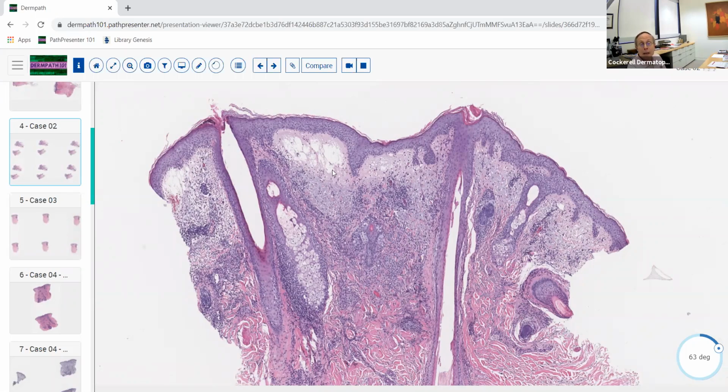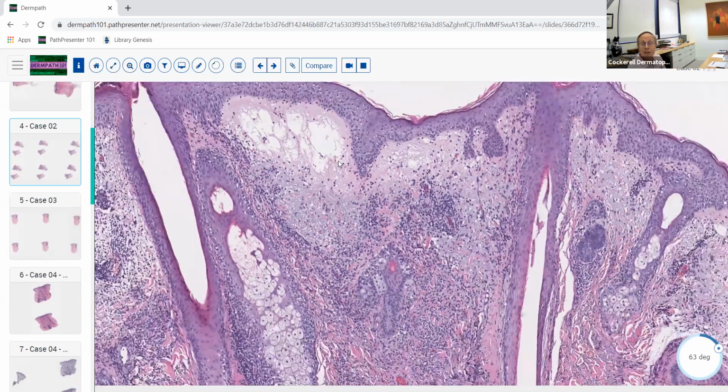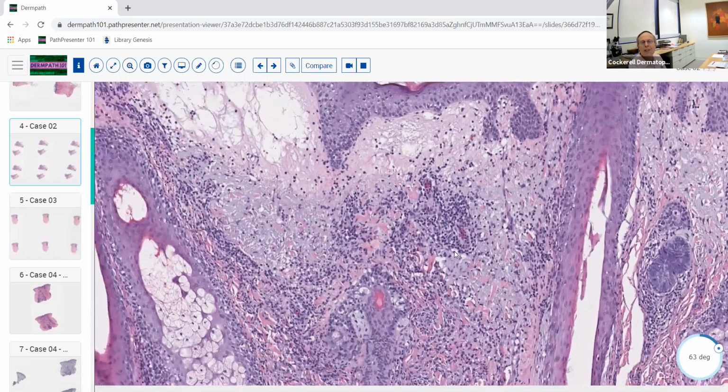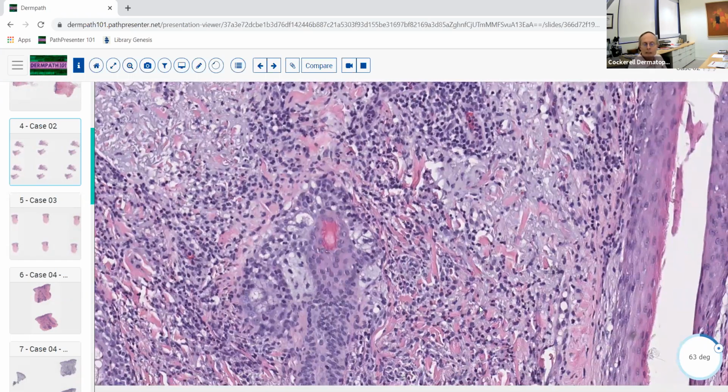And you get edema, sometimes you get prominent papillodermal edema. You can actually get secondary vesiculation here from the papillodermal edema resulting in a blister. It's not in the epidermis, it's in the dermis, actually. It's beneath the epidermis.